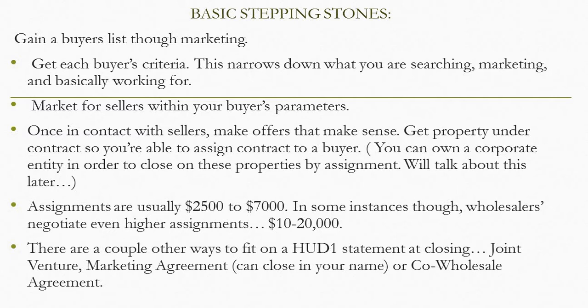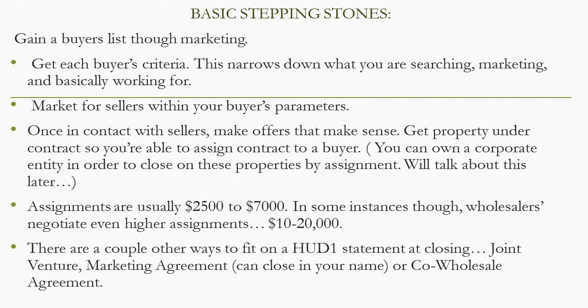Now, you can close in your name with an assignment as well, but I just suggest doing that with an LLC. But having a joint venture agreement with another wholesaler or with the buyer or with a realtor or whoever is doing the deal with you, having a marketing agreement with your buyer, so the buyer can actually have his contract direct with the seller himself.